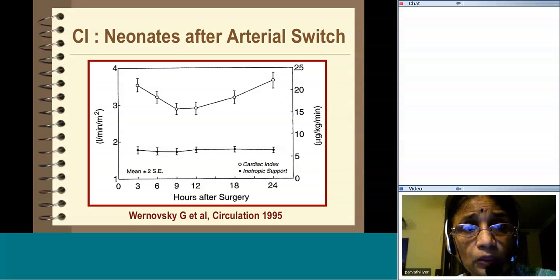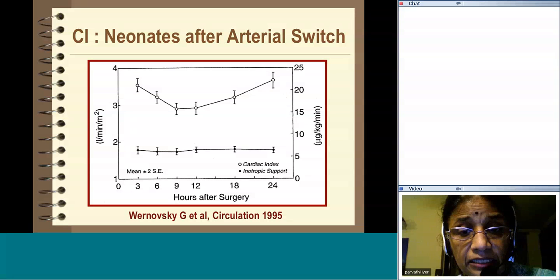Now, let's look at what happens to cardiac index in children who undergo cardiac surgery. I will draw everyone's attention to a landmark paper published by Wernovsky et al. in Circulation 1995. This involved the measurement of cardiac index in neonates who underwent an arterial switch.